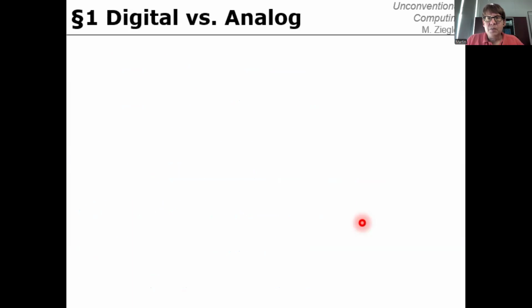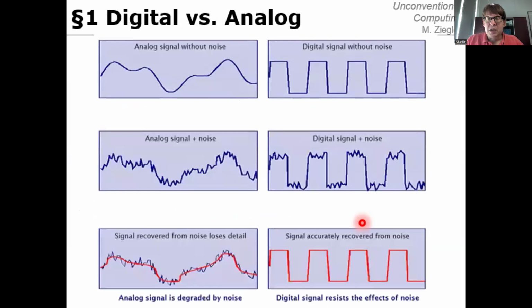So let's recall the difference between digital and analog is their stability or instability under noise. In an analog signal, under noise, one tries to recover the original signal, but there will be an error.